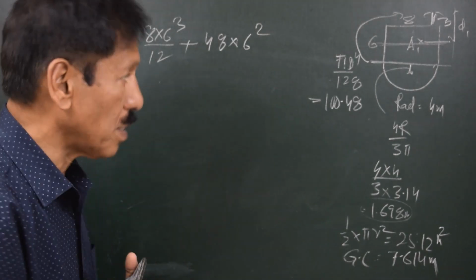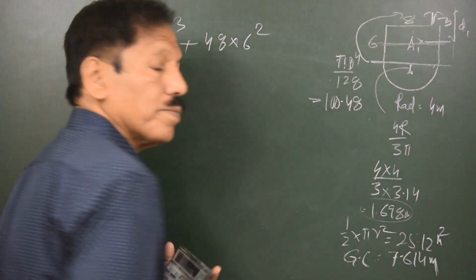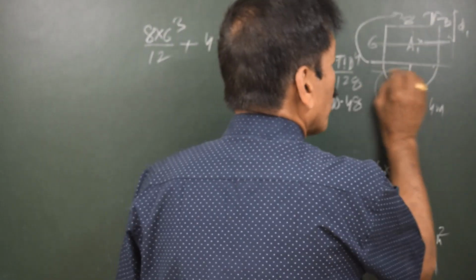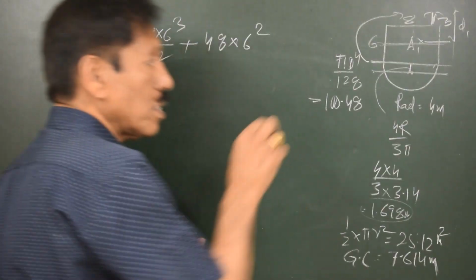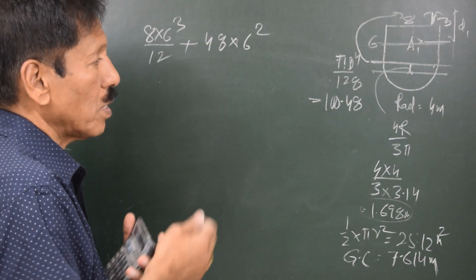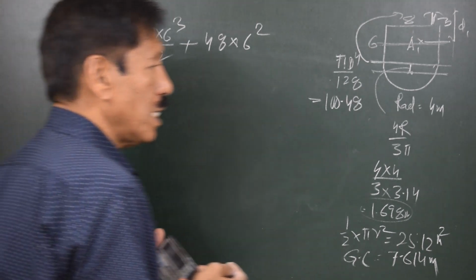We cannot bypass the centroid axis. We cannot go directly from diameter to the water level. Here we don't know the moment of inertia about the centroid axis. So first we have to find the moment of inertia about the centroid axis, and that would be found by doing minus AD square.